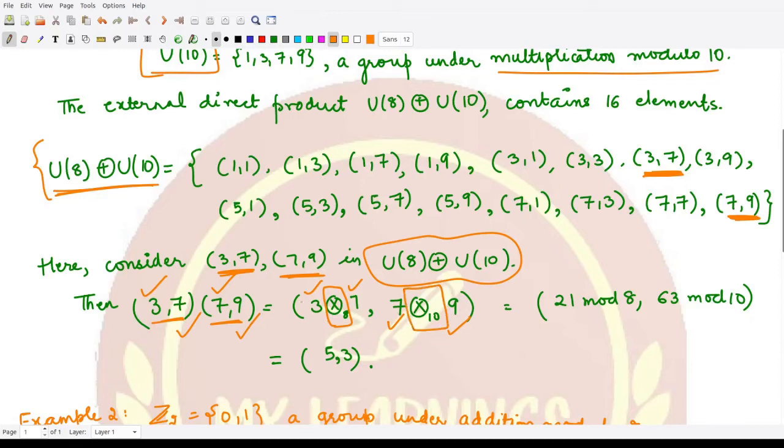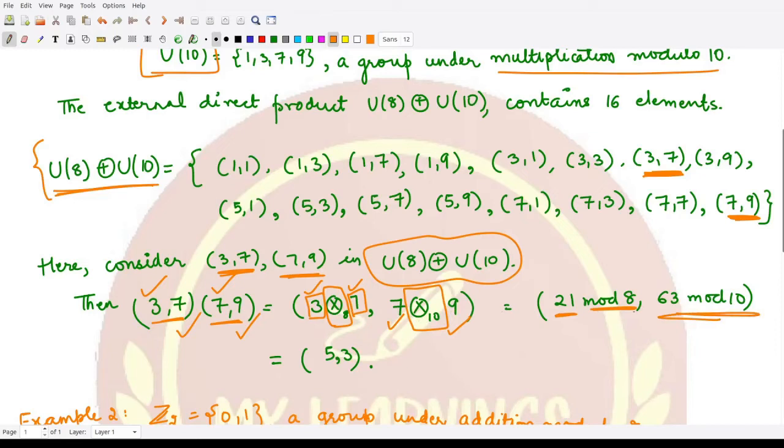So firstly we multiply 3 with 7, which is 21, and it is mod 8 in the first case. In the second case, we multiply 7 into 9, which is 63, and we take mod 10.